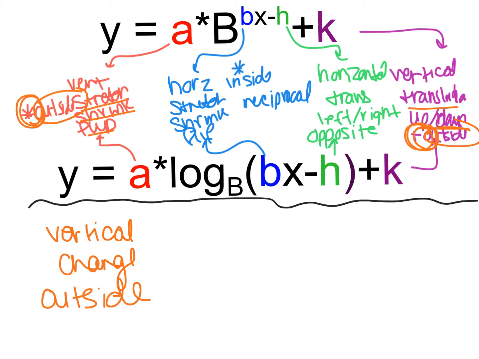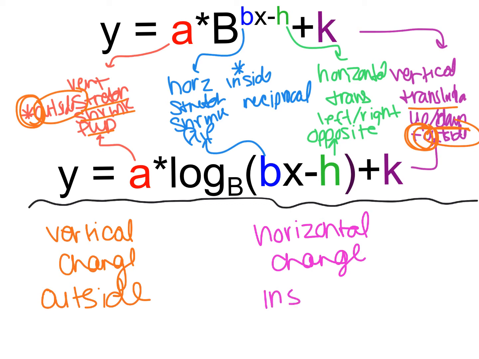The other thing we need to remember is that if we have any sort of horizontal change, this is going to happen on the inside, and it's going to specifically happen to x itself. So we're either happening way on the outside, or we're going very, very close on the inside, just applying this change to x.